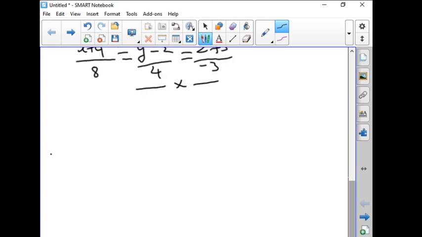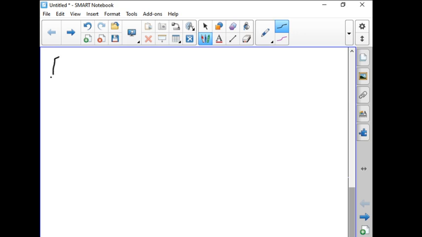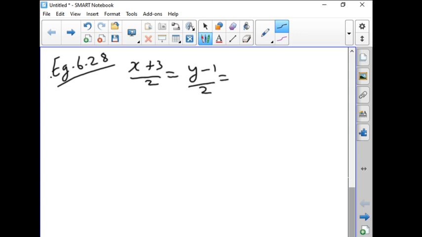So next we will go to example 6.28. Find the angle between the straight line (x + 3)/2 = (y - 1)/2 = -z with the coordinate axes.